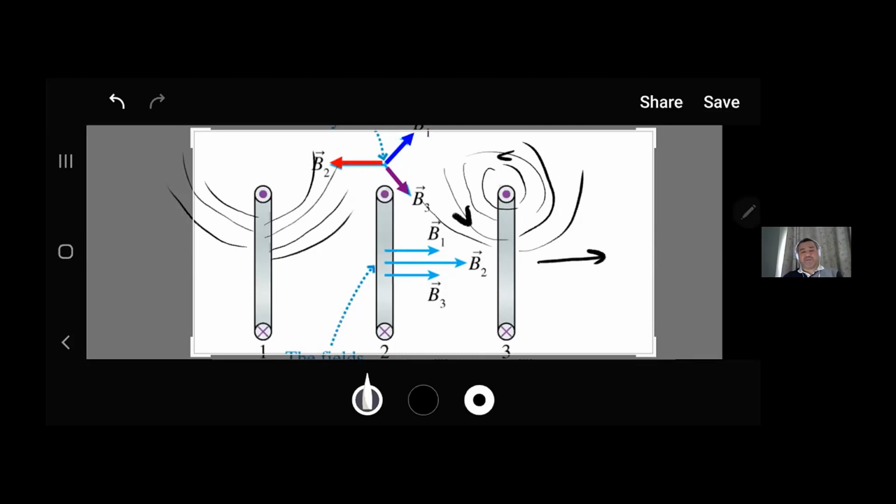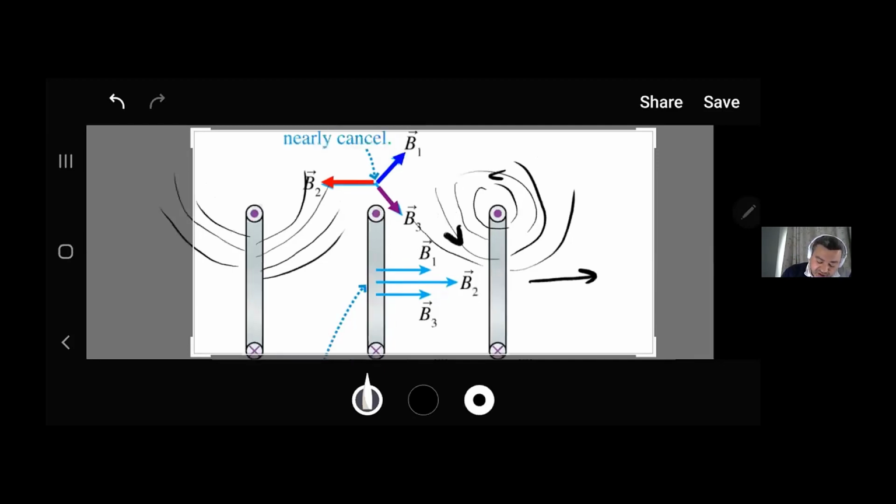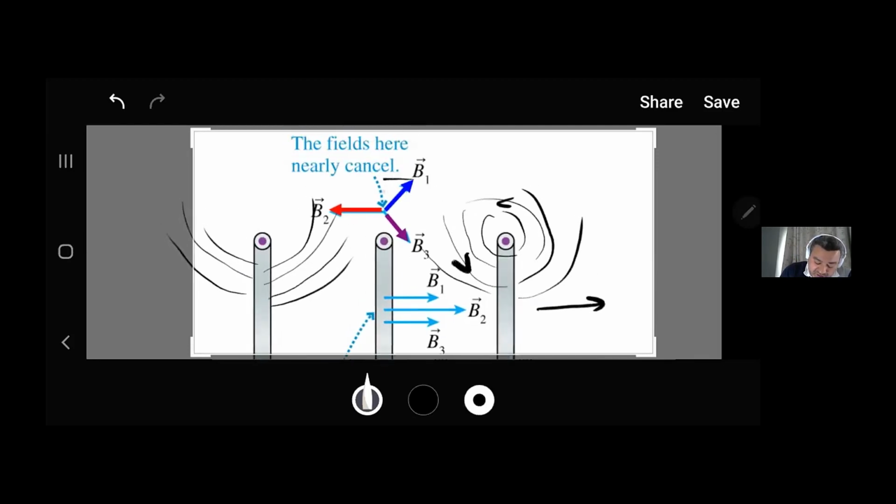Now, the projection of B1 will cancel with the projection of B3 on the vertical axis, and they will end up adding on the other axis. But this is going to be close to B2, which means that the magnetic field right at this point will be close to 0.